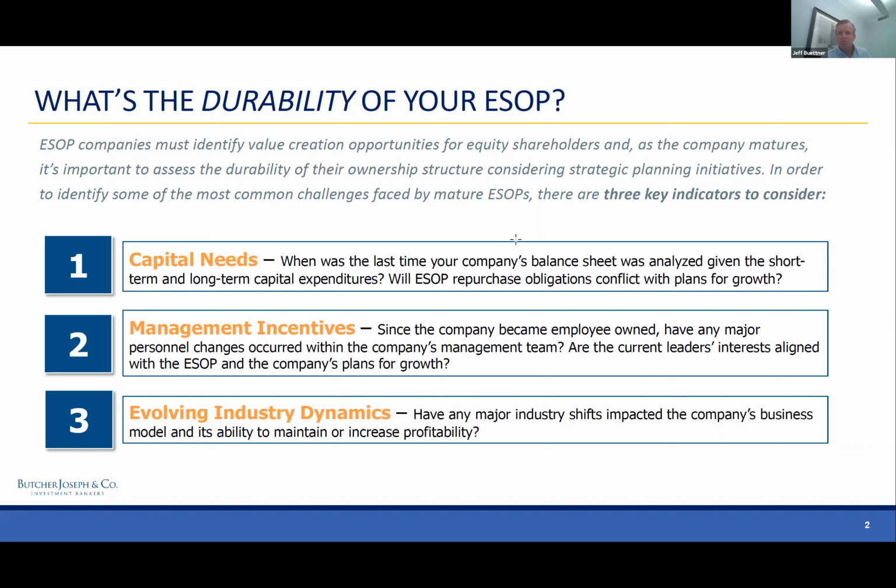Over the first 10 years, you've probably repaid all of your transaction debt that was used to finance the ownership succession from the founder owner. Your participants have probably been allocated a significant amount of shares, and many times companies are finding that they have very few unallocated shares left in the suspense account to allocate in the next several years.